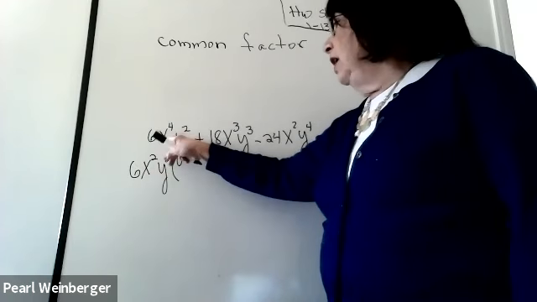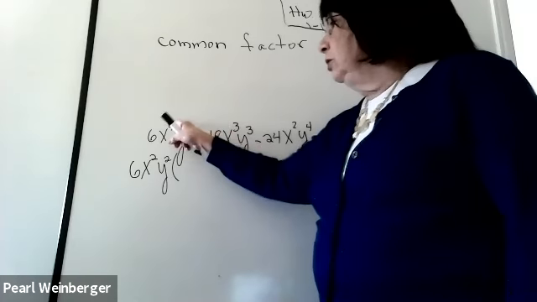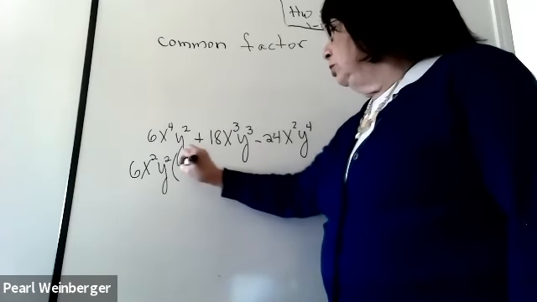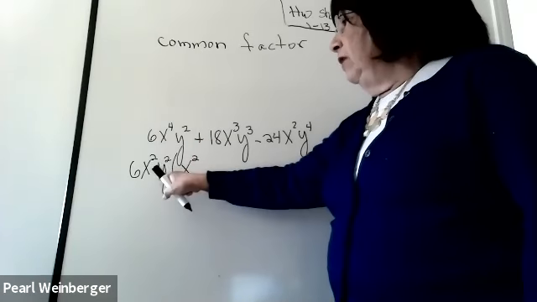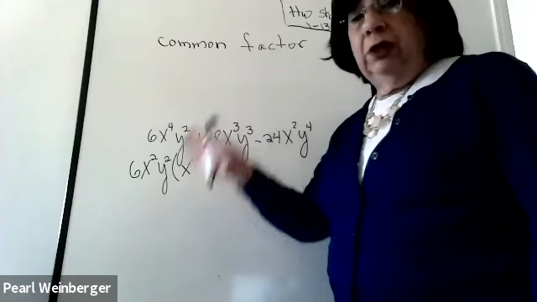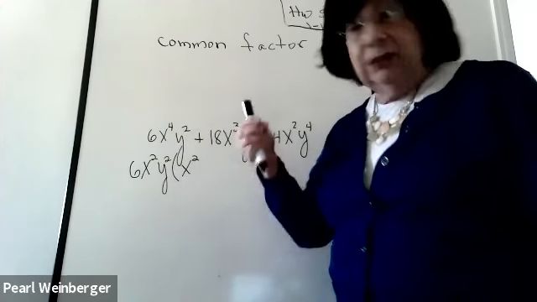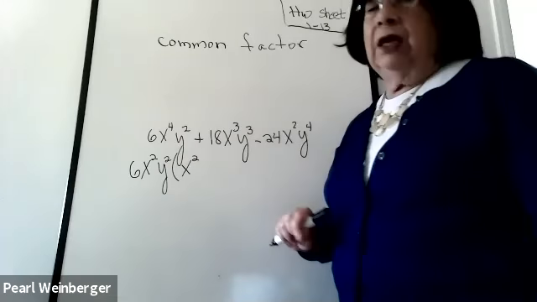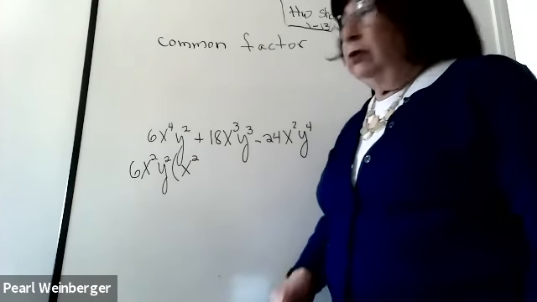X squared divided into x fourth. Remember, when you're dividing, you're subtracting the exponents. 4 minus 2 is 2, so that gives me x to the 2. And now we have y squared divided by y squared. Again, when you subtract their exponents, you get 0. It means it cancels out. The y squareds are canceled out. So the first term in my parentheses is x squared.